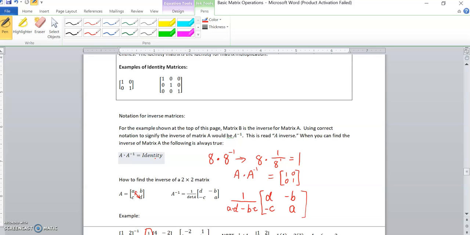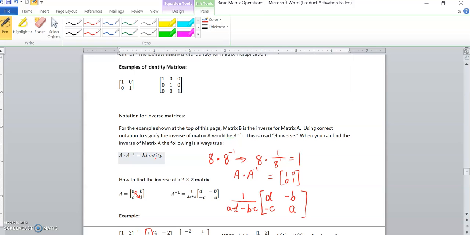If we took B times A by switching the order of the matrices, sometimes it doesn't even work. Sometimes you can't even multiply it. But if you can multiply and get another matrix, A times B gives you one matrix product. B times A will give you a different matrix product. Sometimes it's the same, but 9 times out of 10 it's not.